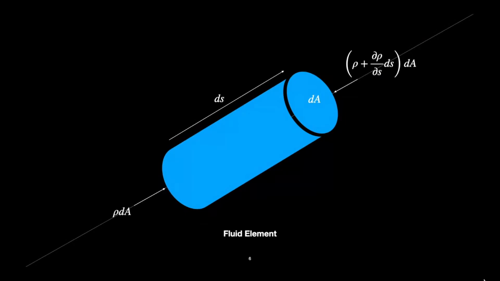So we go up ds. That's why we multiply it by ds. Or you can also derive this from the basic unitary method, which is really intuitive. And then we're going to multiply it by the area, so we get the force, not the pressure.